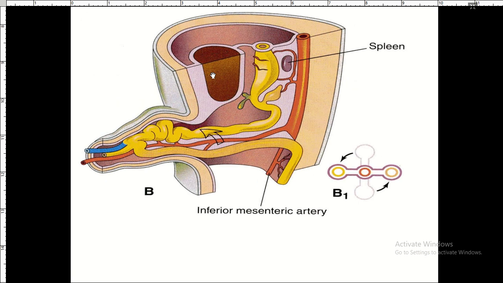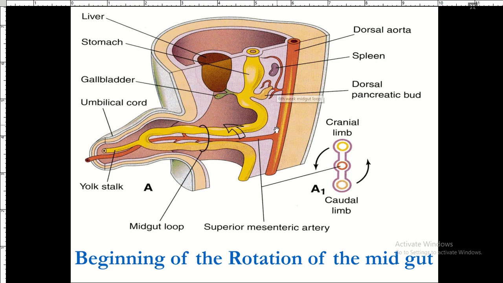So there's going to be pressure within the abdominal cavity. This pressure is going to cause the loops to herniate into the umbilical cord. This is called physiological herniation.